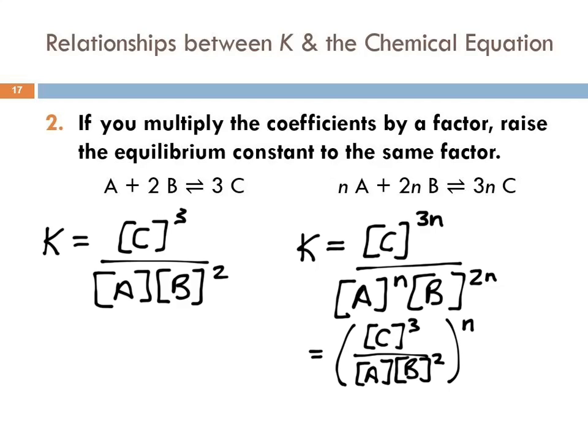Let's call this K prime, and we'll call this one just K. So this equals K to the n power, doesn't it? This part in here was our original equilibrium expression. So K prime is equal to this.